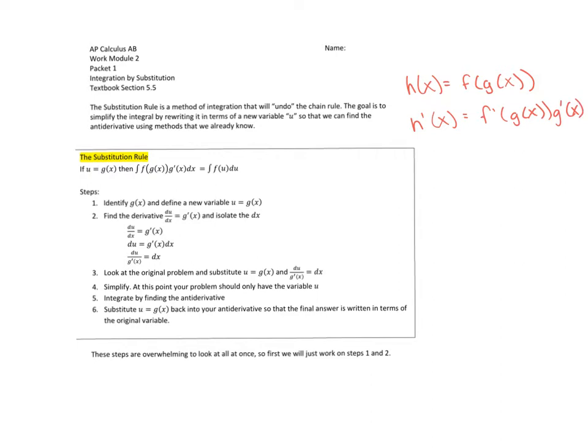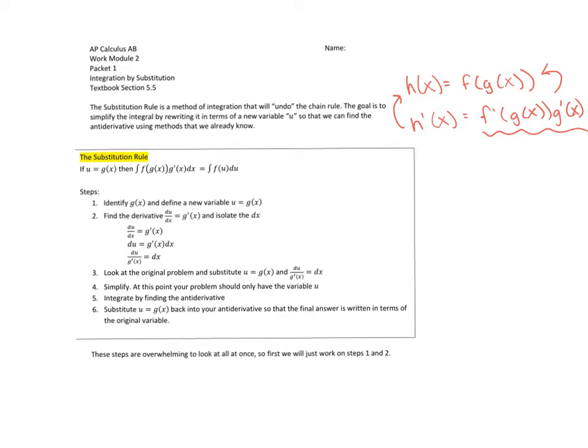So this, we already know from taking the derivative. But what we're trying to do in this section is take the antiderivative. So we want to go in the opposite direction. We want to look at the derivative and find where it came from, and find its antiderivative.